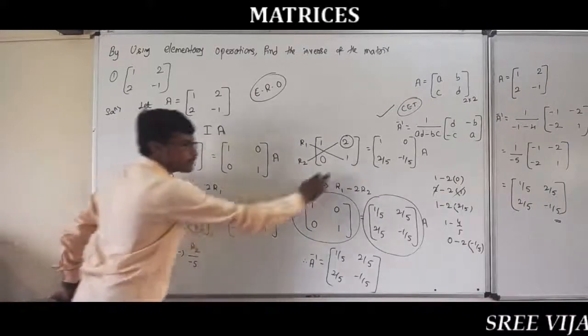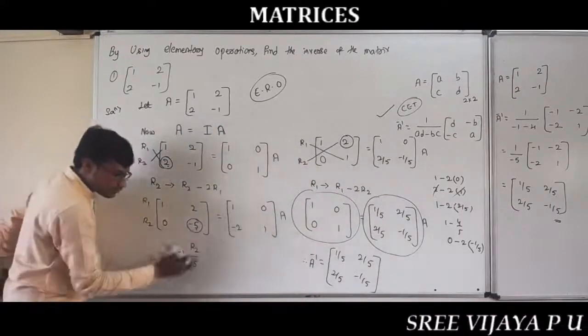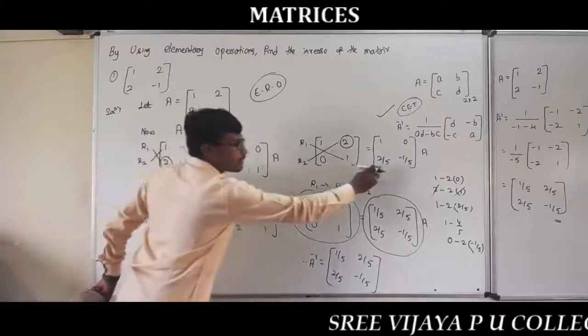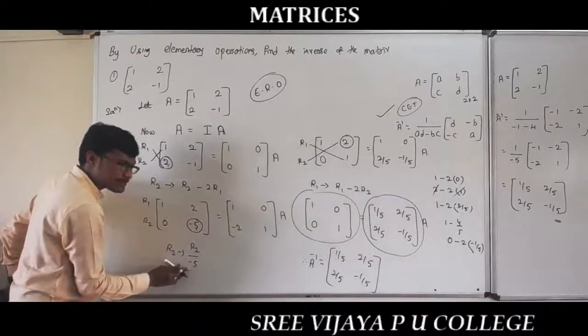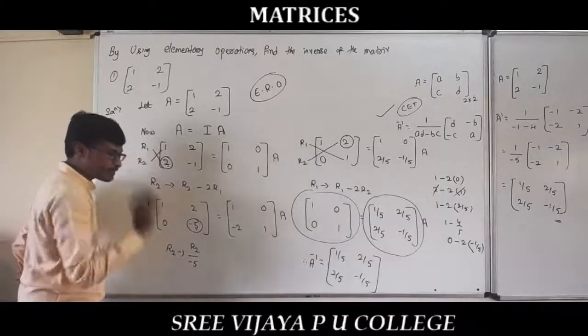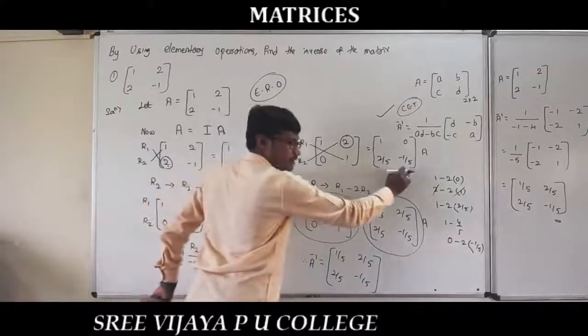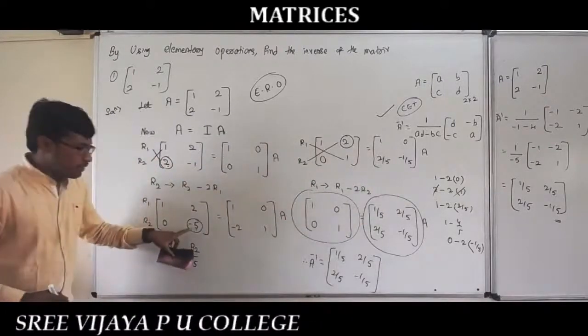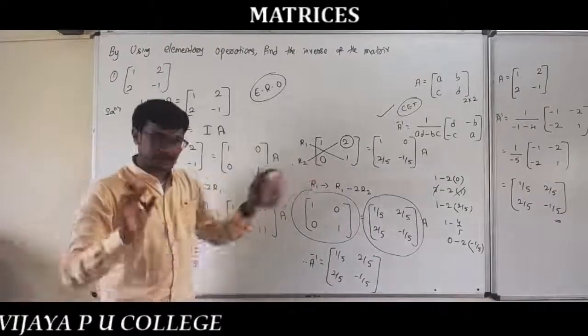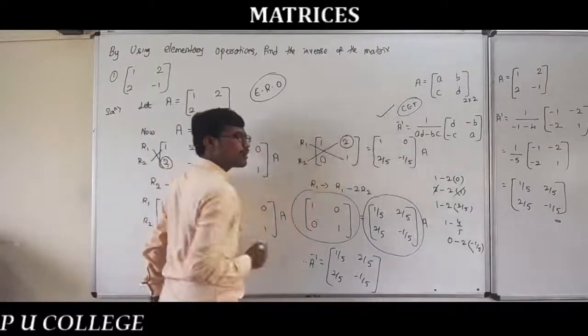Minus 5 by minus 5 is 1. Minus 2 by minus 5, the minuses cancel, giving 2 by 5. 1 by minus 5, the minus in the denominator, gives minus 1 by 5. You got that answer, and this element has become 1. Now coming to R1.